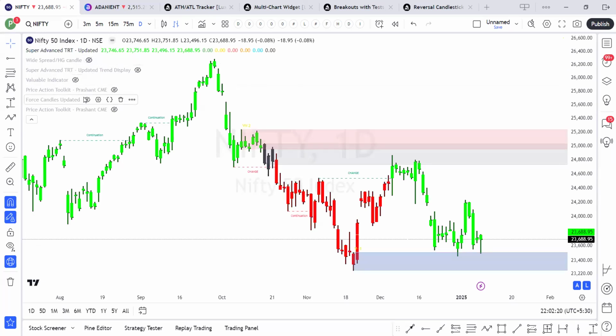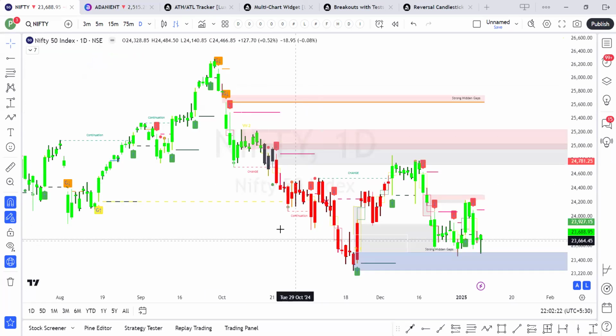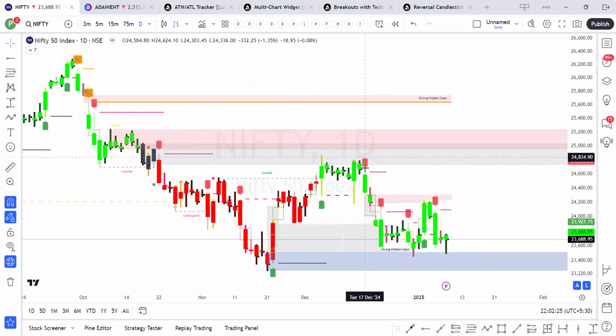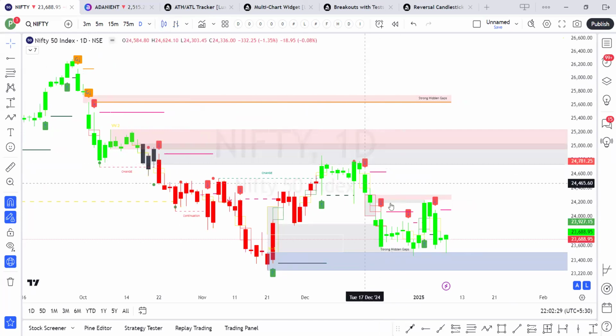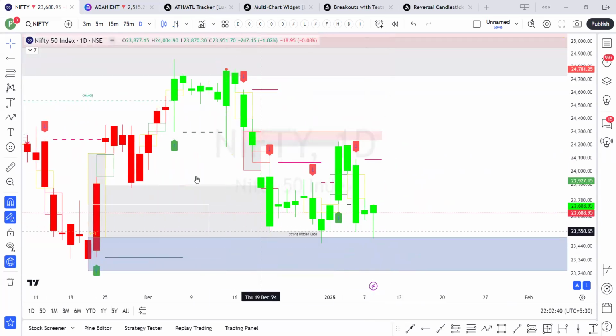Let me tell you, we have discussed with 4 candles and this TRT. Whenever price falls with a strong fall, with strong selling pressure, these lows are mostly tested. The price came down, touched the buying area here. It was below this. So this candle low was higher than the buying area.